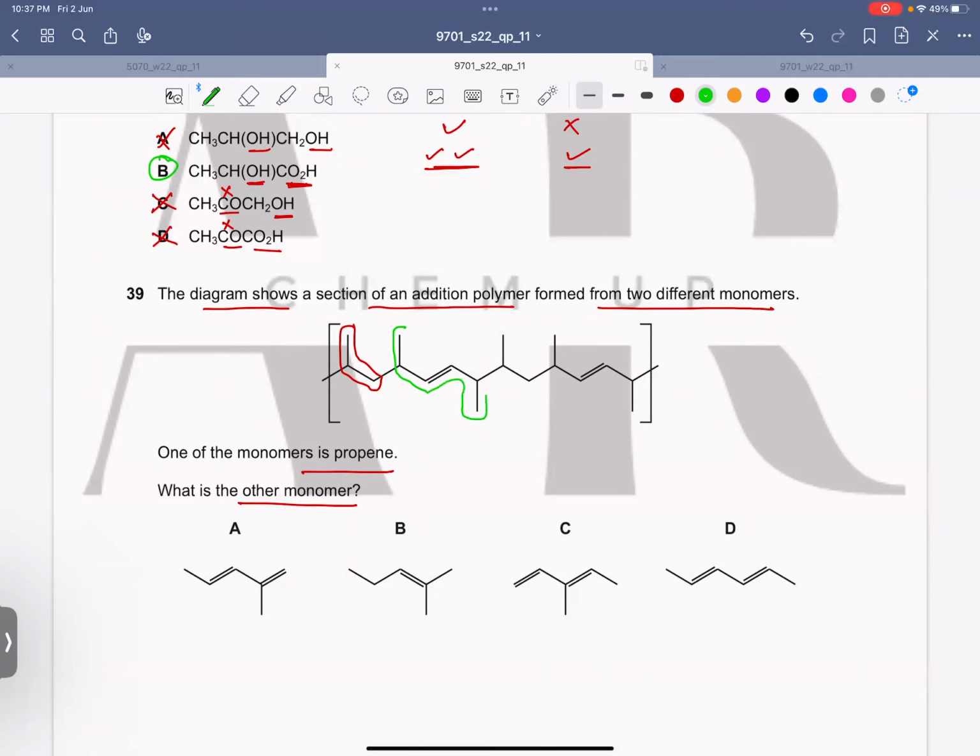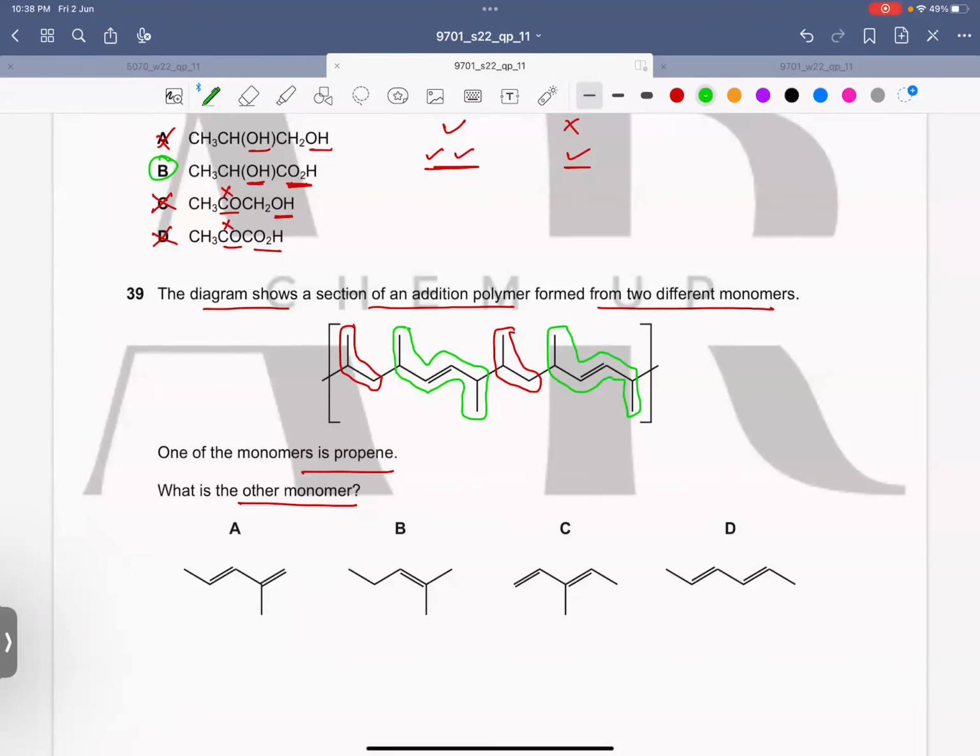And it goes till over here, because you see it's repeating again, you are getting propene and again the same monomer. Yes, is this understandable to everyone? So we know the propene, we have to identify the other monomer.